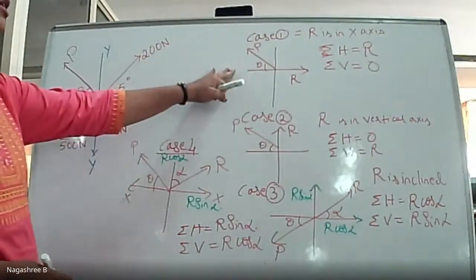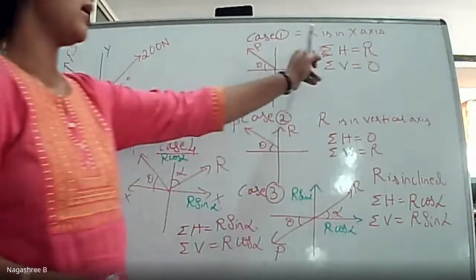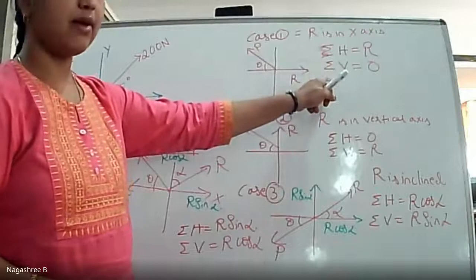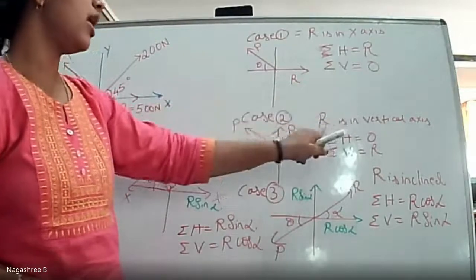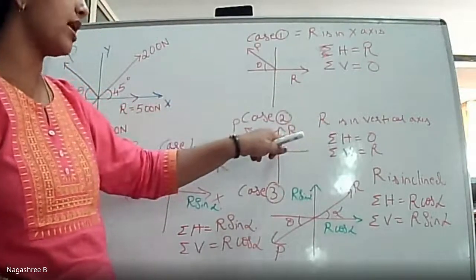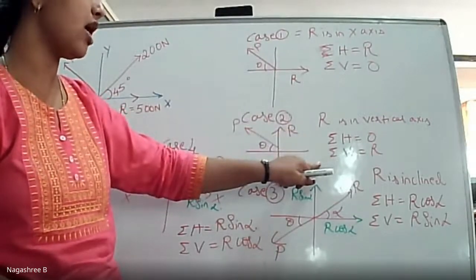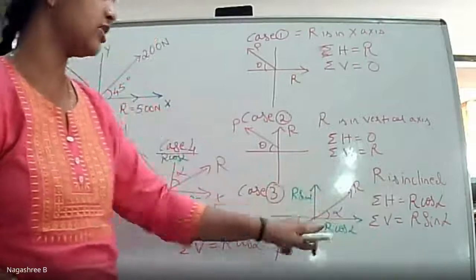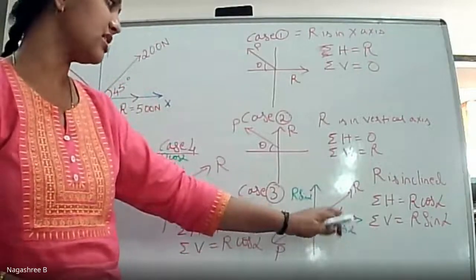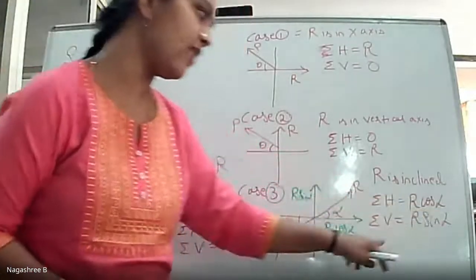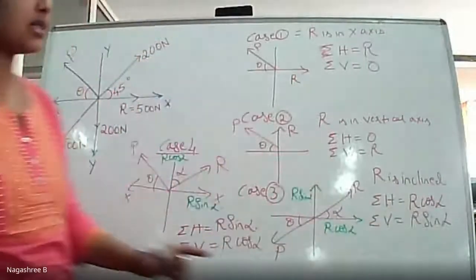If it is given on the x-axis, sigma h is equal to r and sigma v is equal to 0, and if it is exactly on the y-axis, sigma h is equal to 0, sigma v is equal to r. If it is inclined with reference to the horizontal axis, sigma h is equal to r cos alpha and sigma v is equal to r sin alpha.